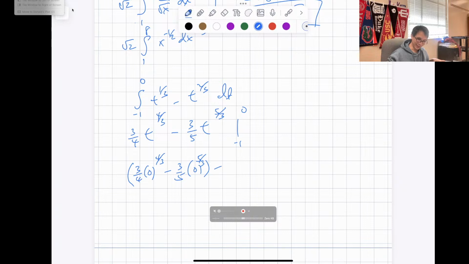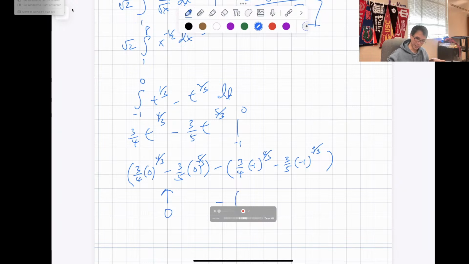And the minus 3 over 4 times negative 1 to the 4/3. And so minus 3 over 5 times negative 1 to the, wait, is it 4/3 or 5/3? Yes, 5/3. So this one's going to go to 0, right?